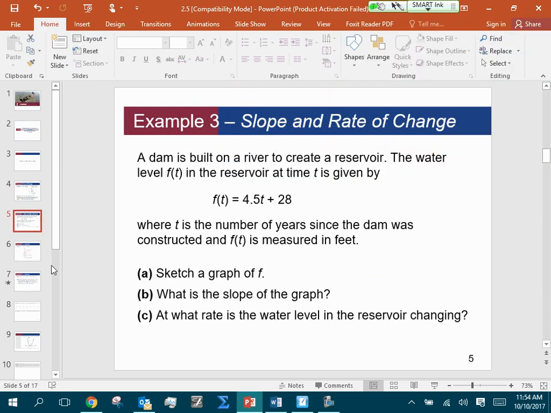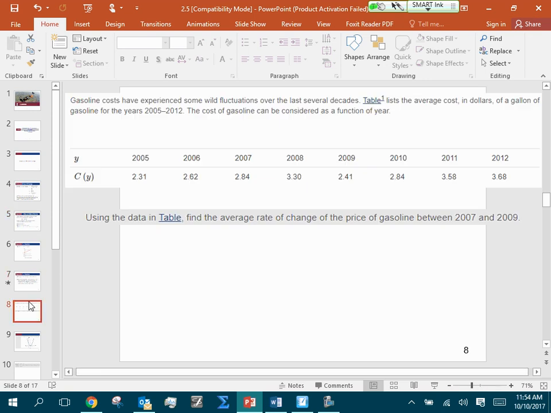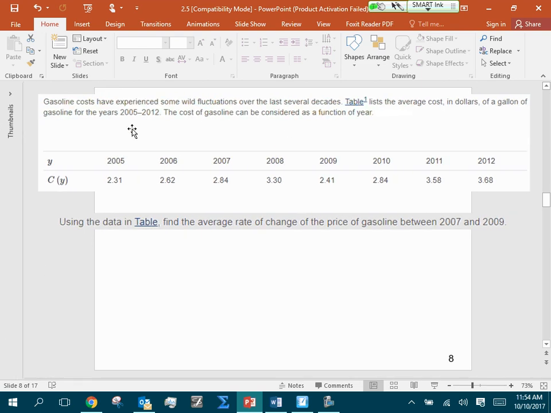You'll see questions, kind of skip through here to this question. I cut and pasted this out of another textbook, and the way it was presented, it's really hard to zoom in so you can see this real well. But it says gasoline costs have experienced some wild fluctuations over the last several decades.